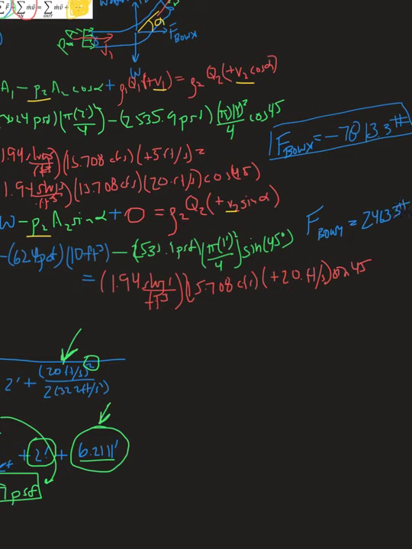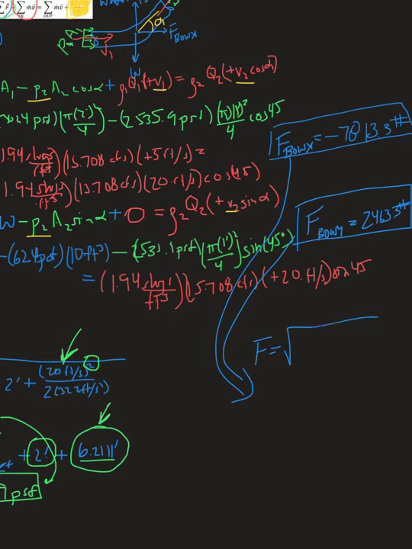If we solve that, it equals 2463.3 pounds. Okay, so we're going to combine those two now because we want to know what F is. F is the square root of F bow X squared plus F bow Y squared. I'm not going to bother inserting these in here. I'll let you guys do that.